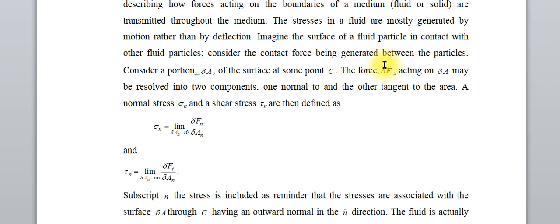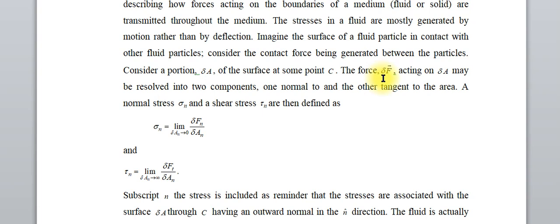As this force is a vector, it may be resolved. Let it be resolved in 2D into two components, one normal to the area and the other tangent to the area.